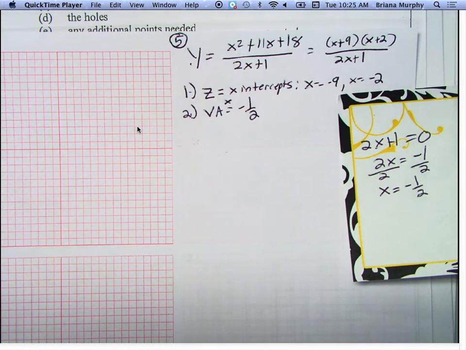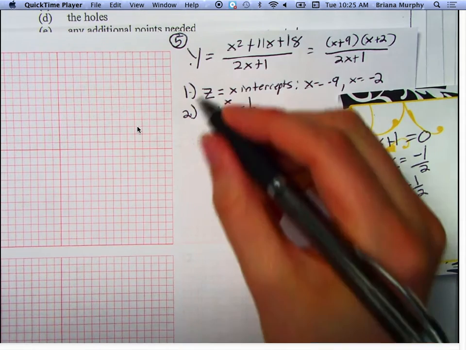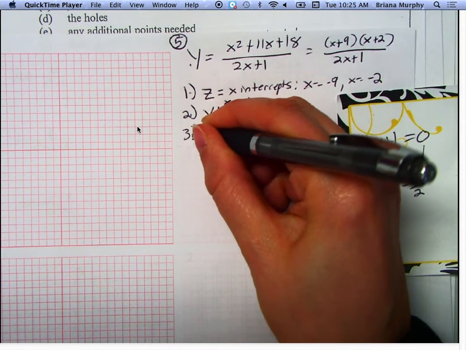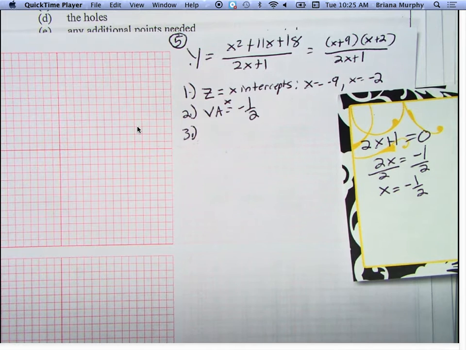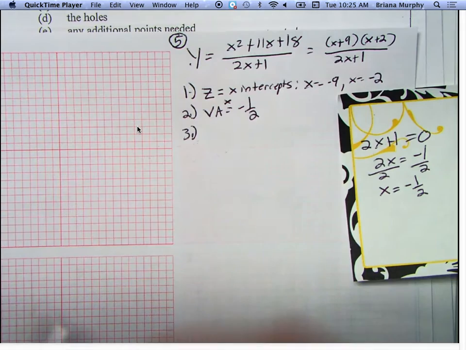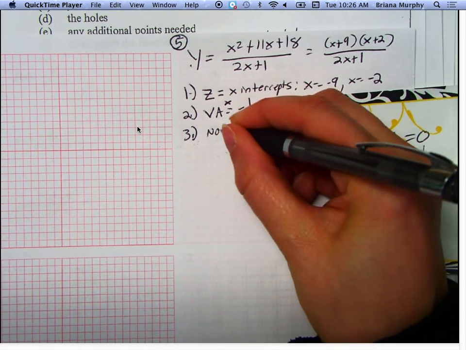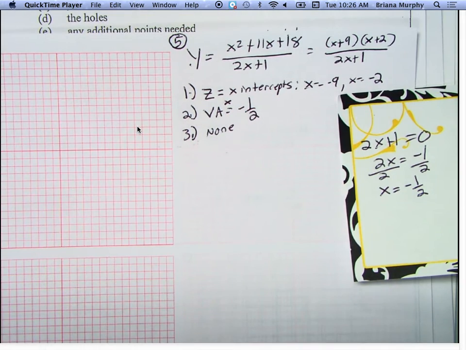Okay. 3. Horizontal asymptote. Now do we remember the 3 things? If the numerator's exponent is bigger than the denominator's, there's no horizontal asymptote. If the numerator and denominator are equal, it's the leading coefficient of the numerator over the leading coefficient of the denominator. So it could be like 2 over 1, or 1/4, or 3/5, the numbers right in front.